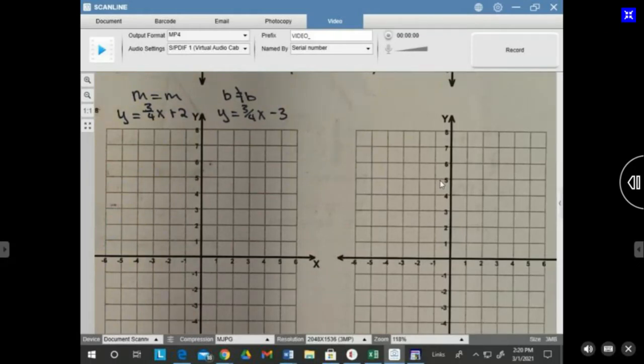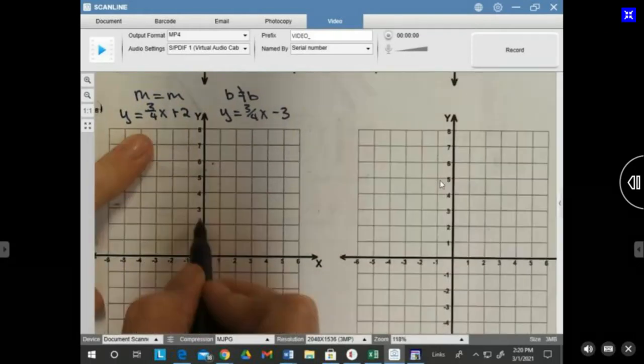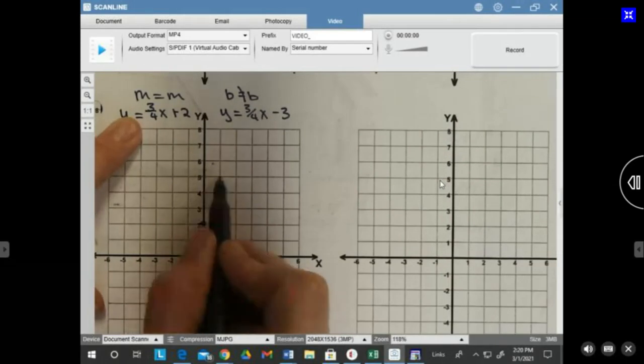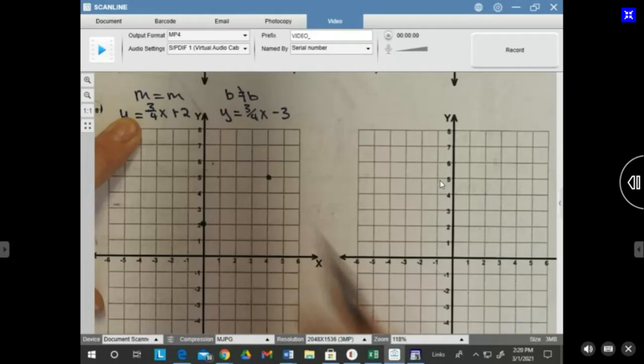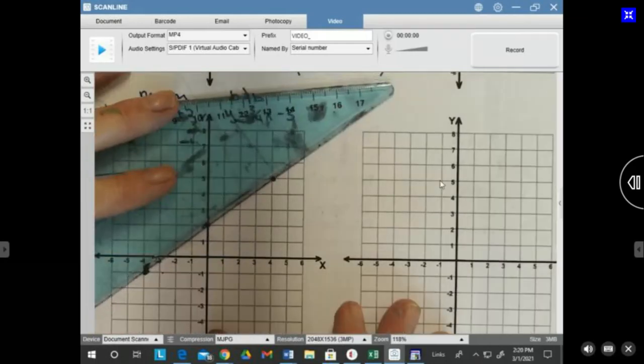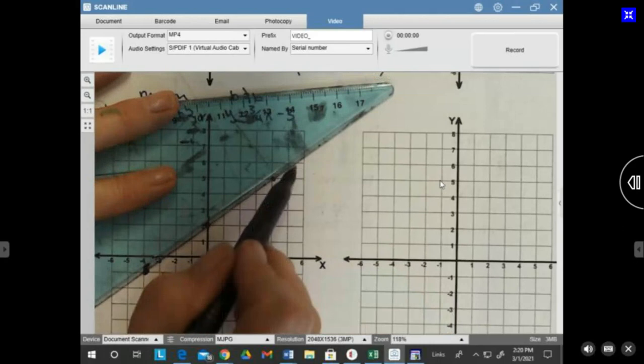This one, I'm going to start at 2. Slope 3/4: up 1, 2, 3, right 1, 2, 3, 4. Down 1, 2, 3, left 1, 2, 3, 4. And graph that line.